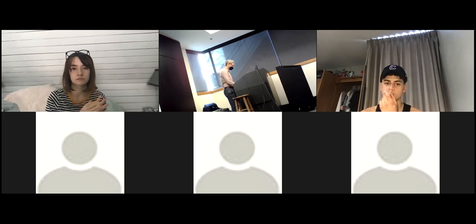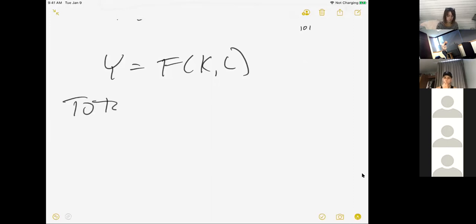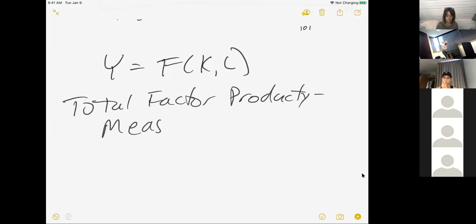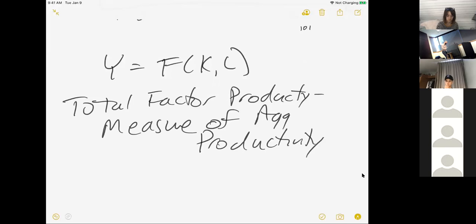Okay, so what is total factor productivity? Total factor productivity is simply a measure of aggregate productivity. It's essentially the way that we measure aggregate productivity.